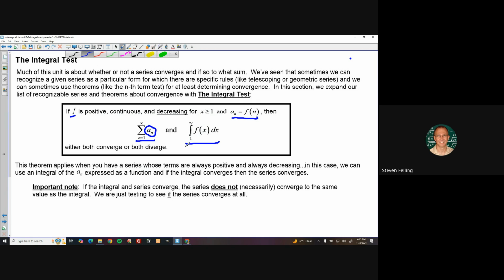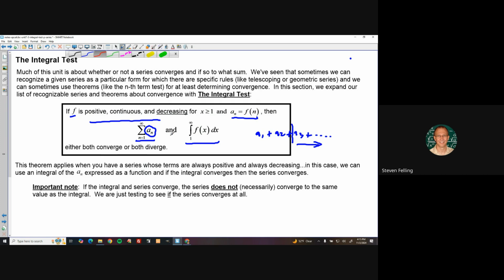And then there's a caveat that isn't necessarily clear from this. It doesn't necessarily have to start with the first term. If you have a series where you have an A1 term, an A2 term, and an A3 term, and so on, and this is an infinite series, and maybe some of these rules aren't true until, let's say, you get to the third term, and then they stay true after that, it's okay to start at a different sum.